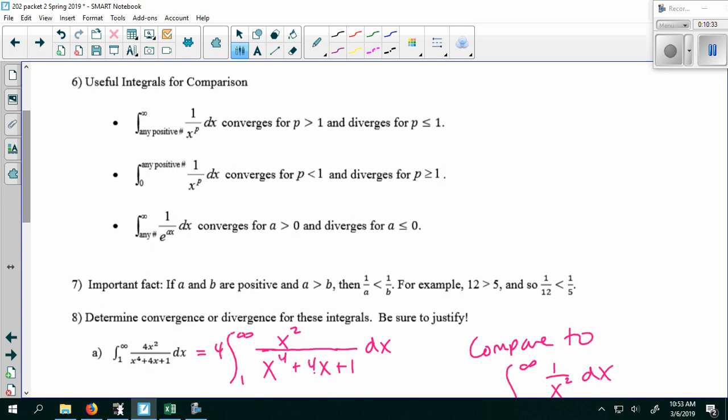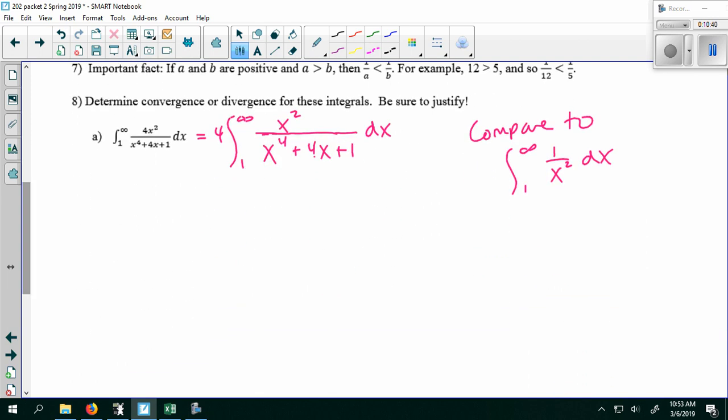So for us, p was 2, because this is 1 over x squared, so it converges. 2 is bigger than 1, it converges. So I'm going to say which converges. If I can show that this function is smaller than 1 over x squared, then this integral is smaller than a finite integral, and I've shown convergence.